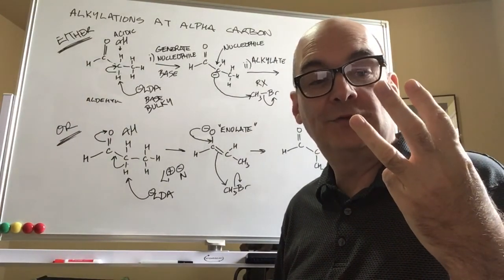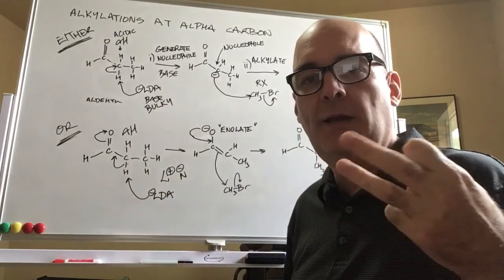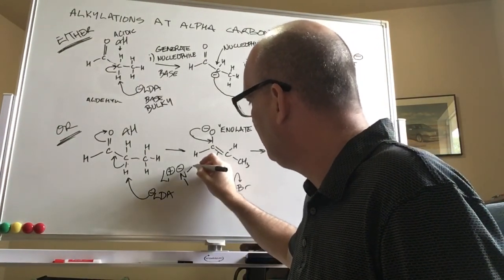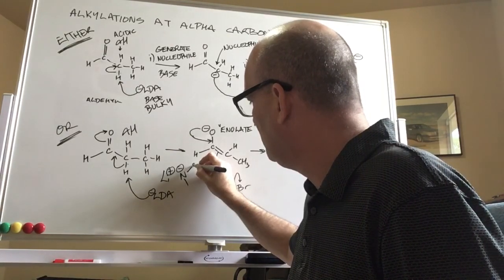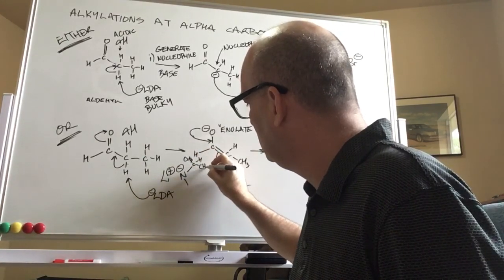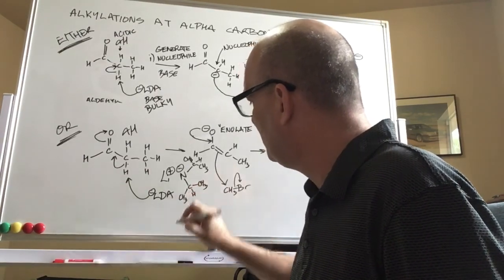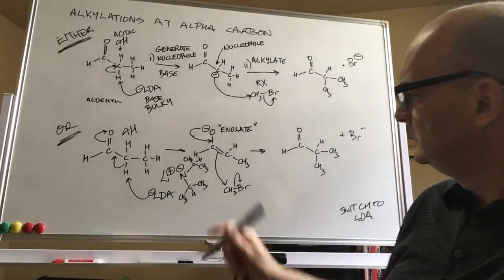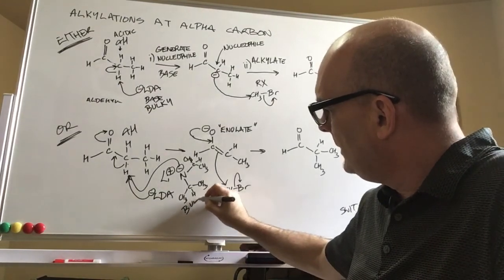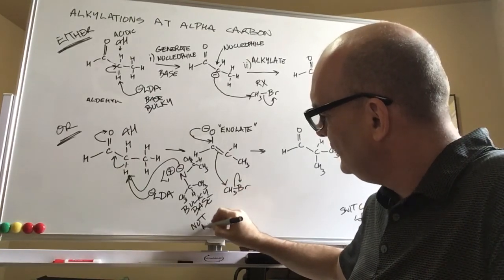If one of those bonds has replaced a hydrogen with a group 1, then that leaves me 2 bonds left. And if I make these big, I can make these be the isopropyl. So this is lithium diisopropylamide. This is now a bulky base that is not a nucleophile.